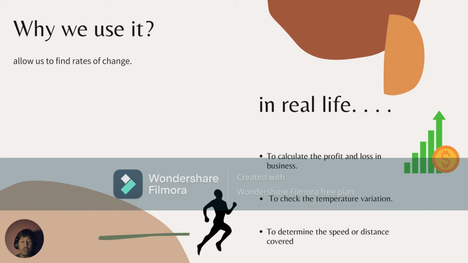The first one is to calculate the profit and loss in business in a graph. You know that we can find the rate of change by knowing the gradient in a graph. Next, to check the temperature variation. The third one is to determine the speed or distance covered, for example, meter per second, kilometer per hour.